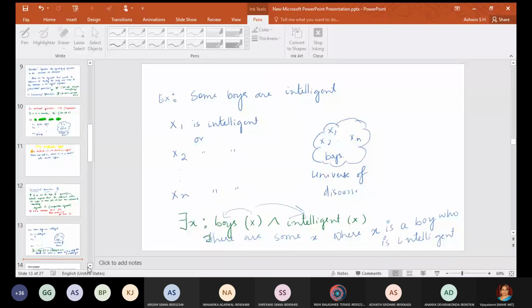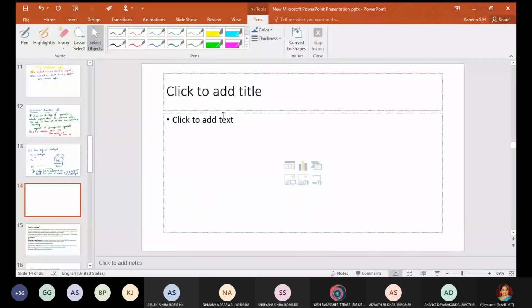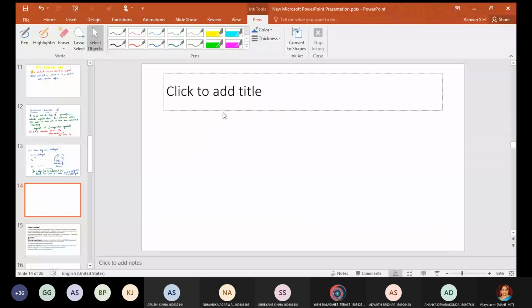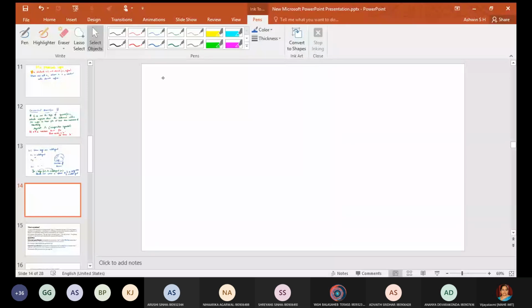These properties I would like to discuss before I close. Properties of quantifiers.